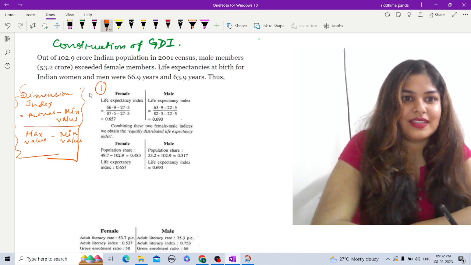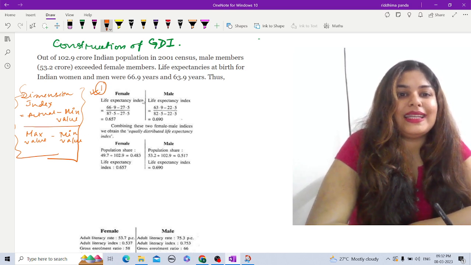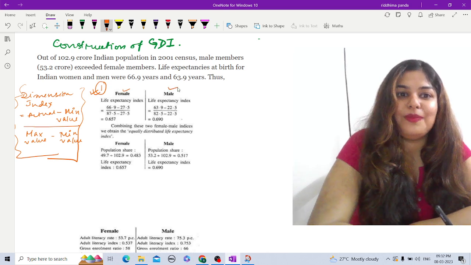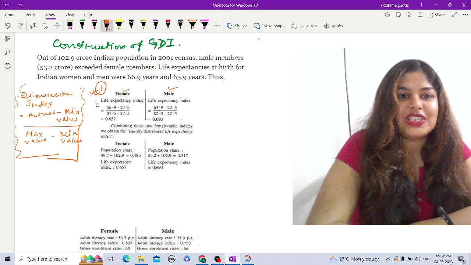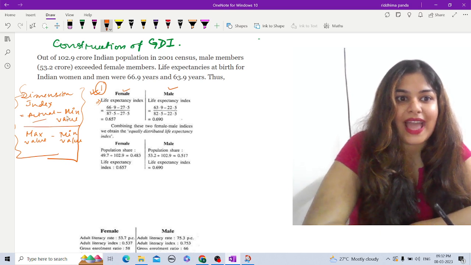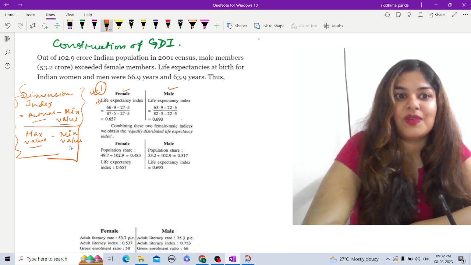Number one, this is the first one that we will be calculating. Life expectancy, for which we have female and male. First we have to measure the life expectancy index. So this is the first dimension index: actual minus minimum value by maximum value minus minimum value. So 66.9 is the actual life expectancy at birth for Indian women.